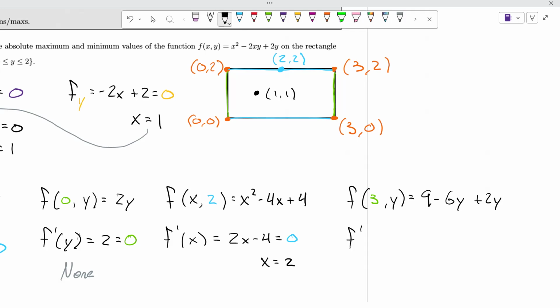Off to a real strong start today. F prime of y, which is negative 4, that thing should be equal to 0, right? Don't set it equal to 0 until you've taken a derivative. Yep. Great job, me. So again, we got our derivative. Negative 4 equals 0 comes up with no solutions. So I'll just write a none there and call it a day.